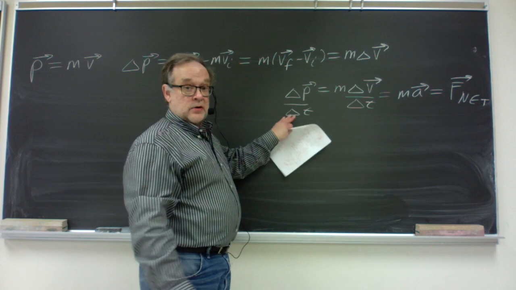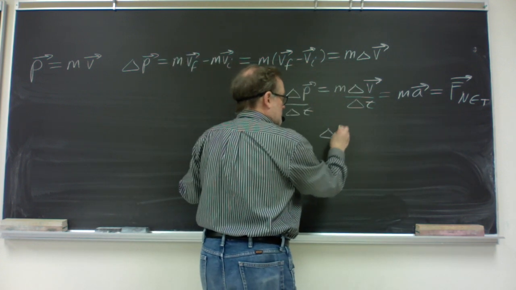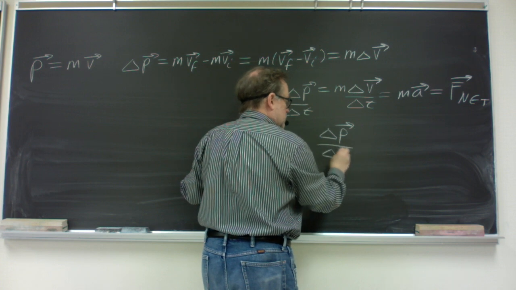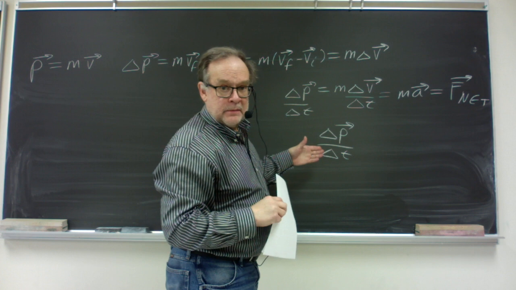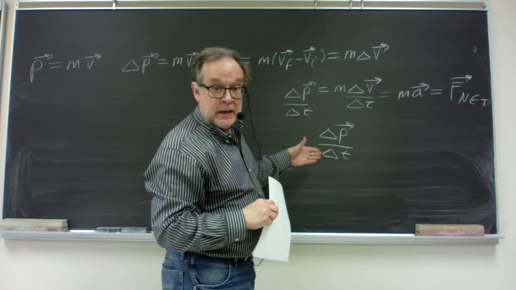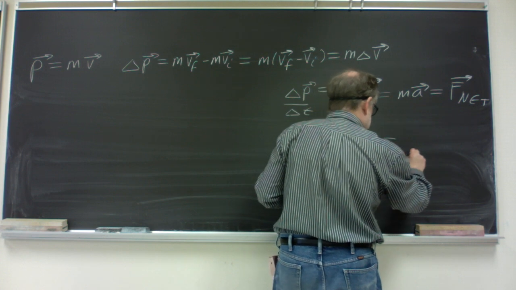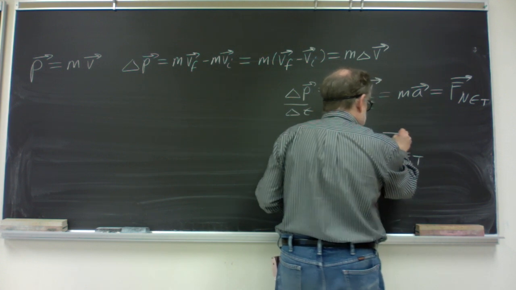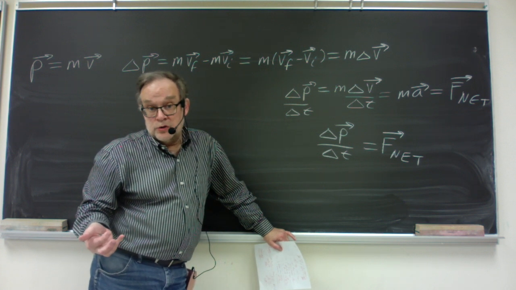So, putting it together, this equals this. In other words, the rate of change of momentum, change in momentum divided by the length of time it took to make that momentum change, equals net force. That's really just a different way of writing Newton's second law.